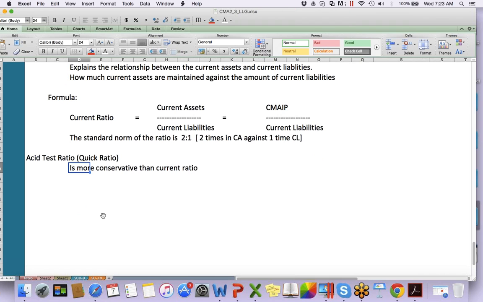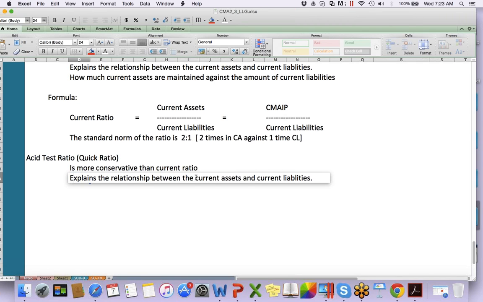It doesn't consider that all current assets will be used in payment of current liabilities, like prepayments and inventories in my example, where you cannot expect cash immediately. From prepayments you cannot even expect cash at all. So here we use quick assets to pay current liabilities. It explains the relationship between quick assets and current liabilities, not total current assets.